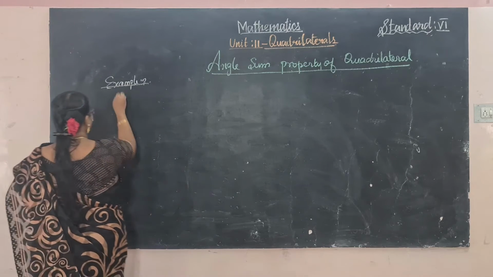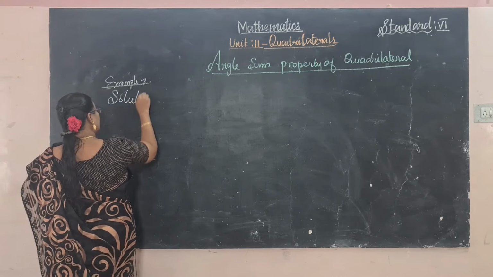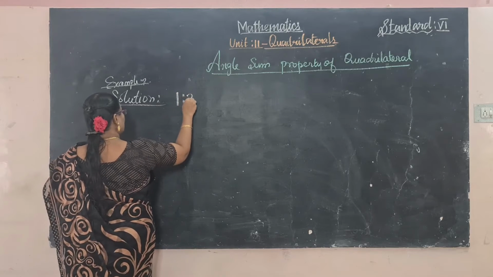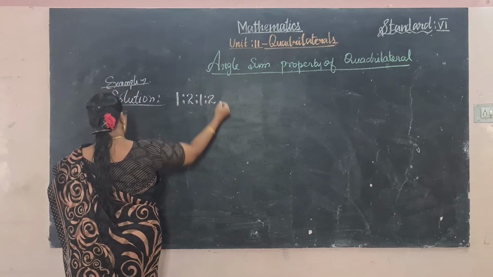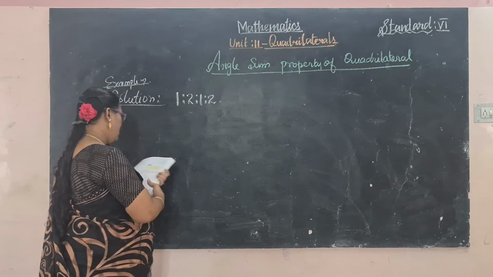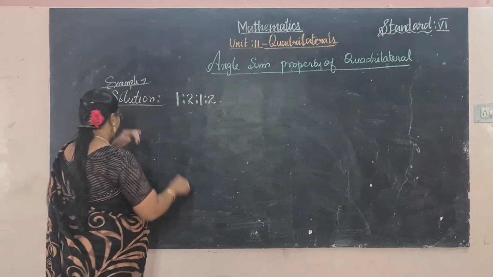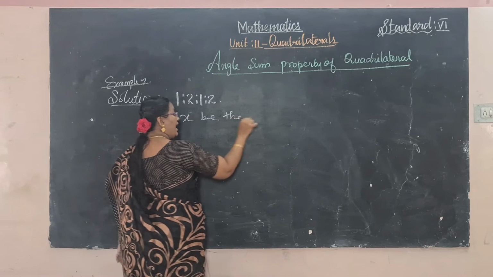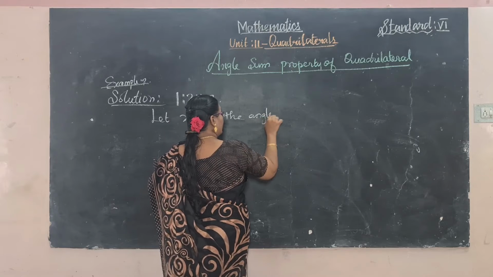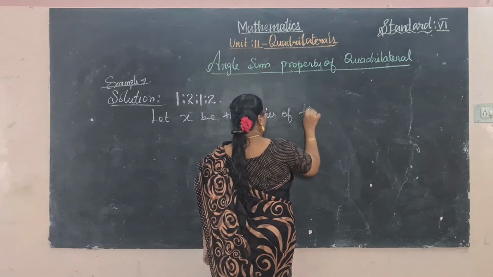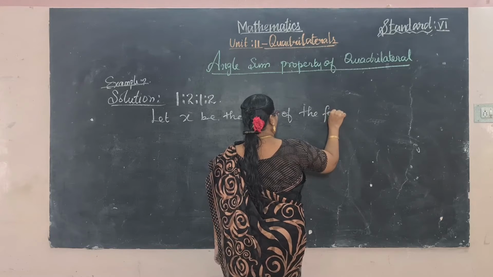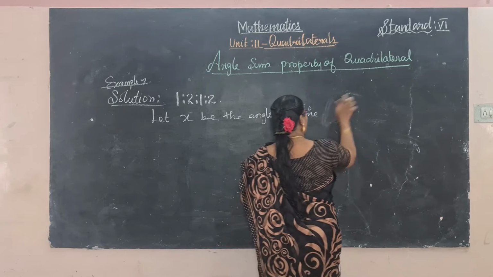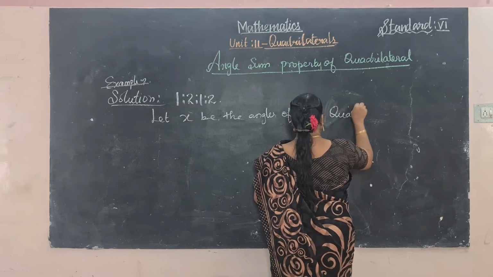Which ratio is given? The 1:2:1:2 ratio is given. So let x be the angle of the quadrilateral.